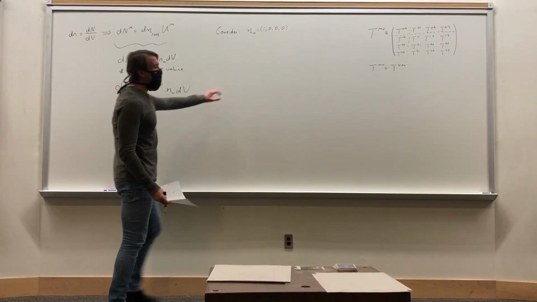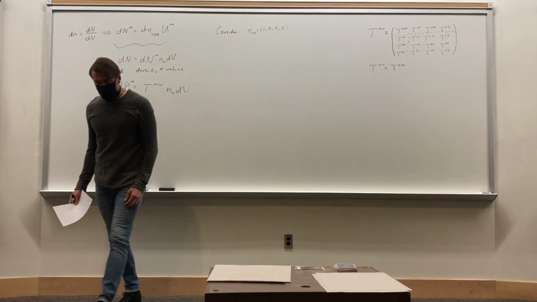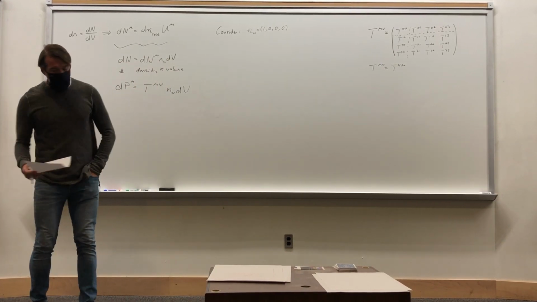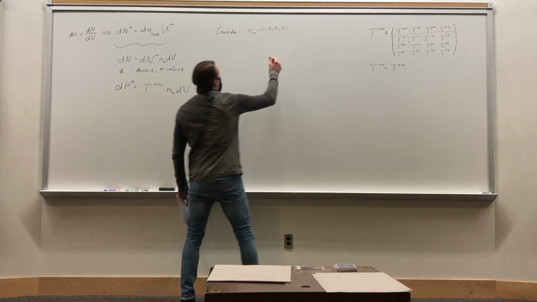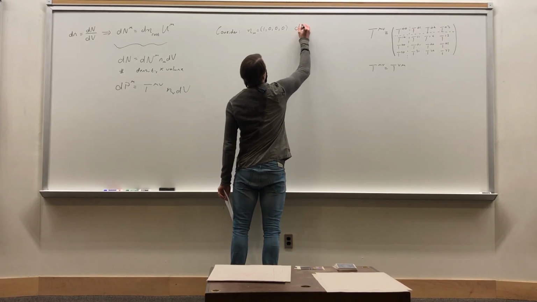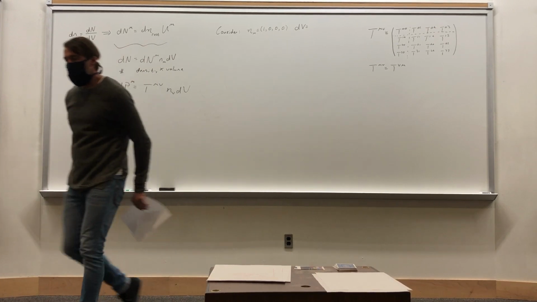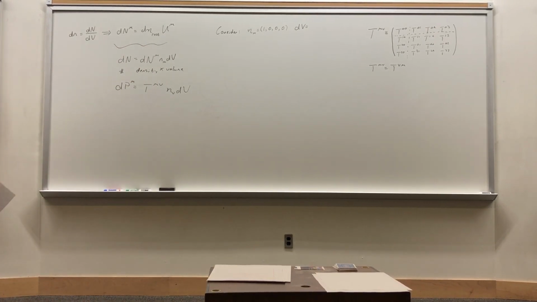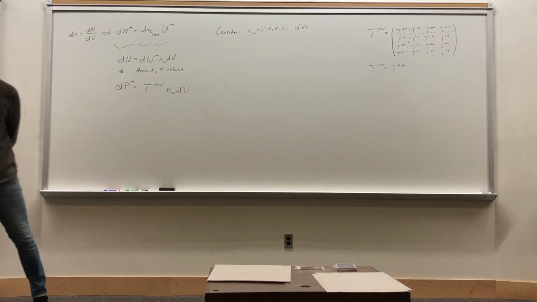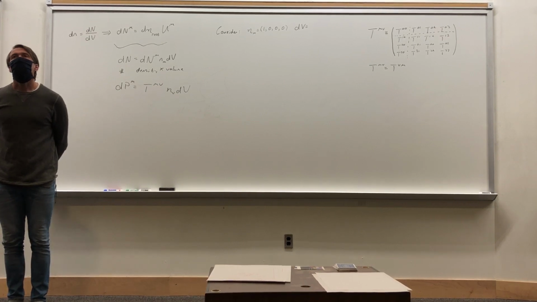Okay, you saw the normal vector that I wrote on the board, correct? Yes. What do you think is the corresponding element of volume? Well, I'll break it down. In what direction does the normal vector point?